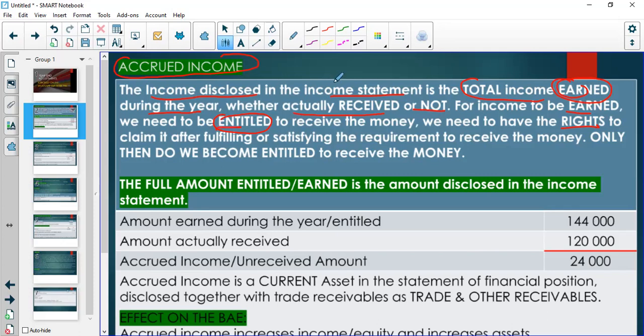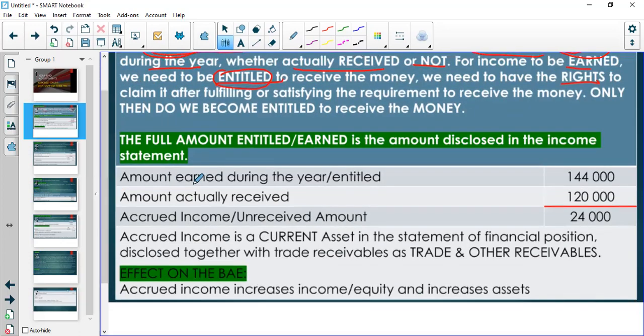So all the amounts which you are entitled to, whether received or not, is going to be the income you disclose. Okay, so you need to be entitled to receive the money. Then you disclose the full amount you are entitled to, not just what you actually received.